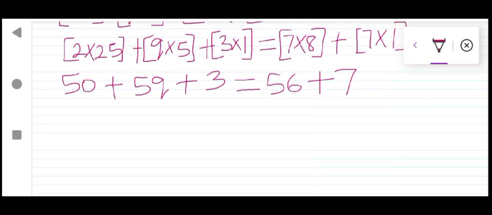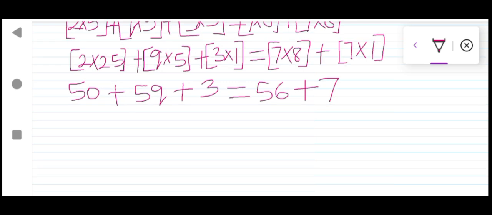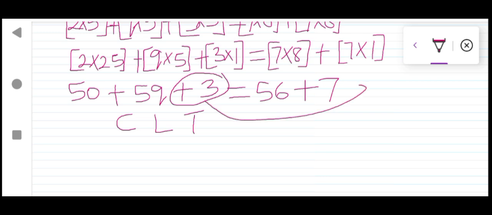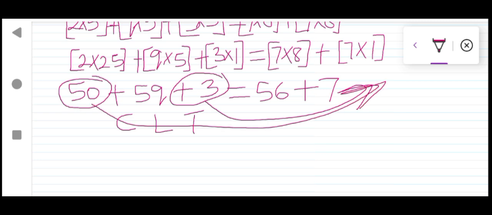And do not forget, we need to collect like terms. Collecting like terms simply means that all numerical values go to the right side and all values in algebraic form remain on the left side. So plus 3 would be collected on the right side and plus 50 would also be collected on the right side.